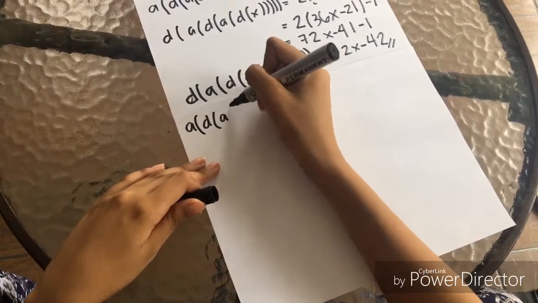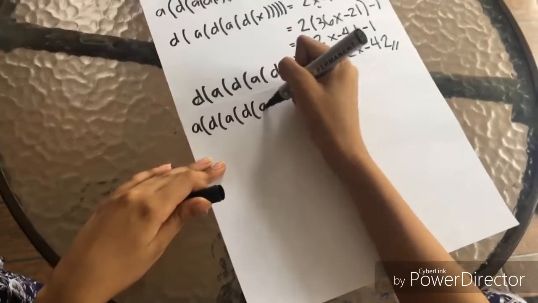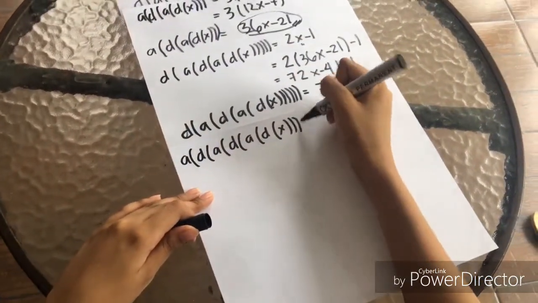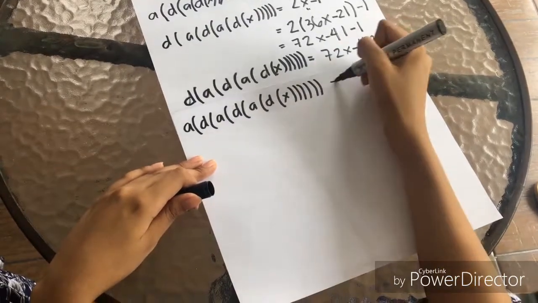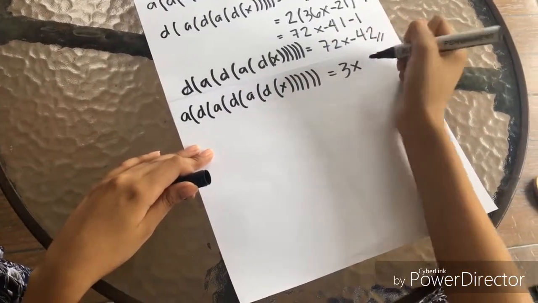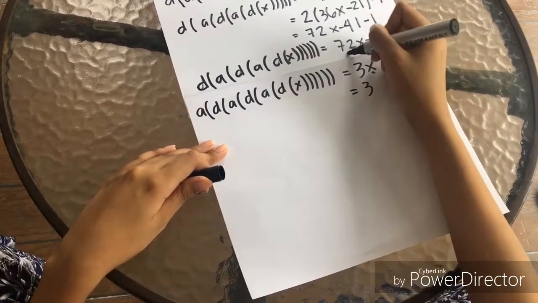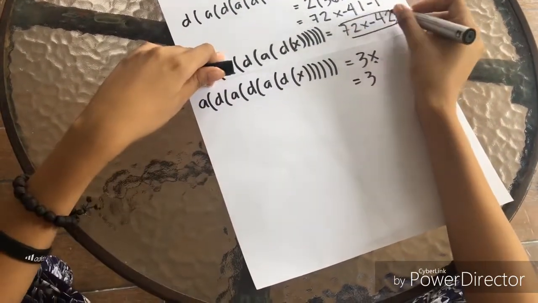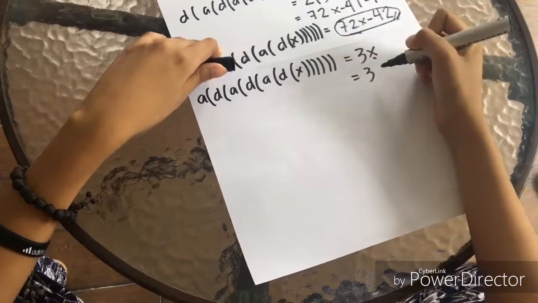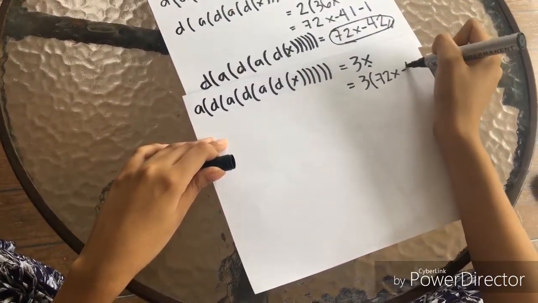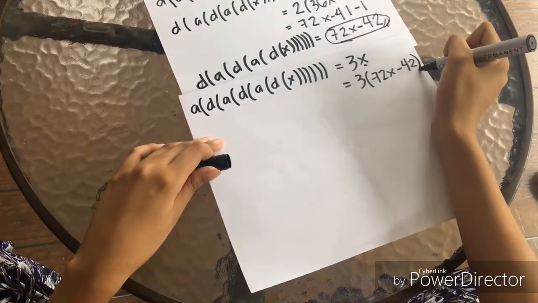A of D of A of D of A of D of x is equal to 3x. We'll substitute the value of what we got from D of A of D of A of D of x. That is 72x minus 42. 3 times the quantity of 72x minus 42.